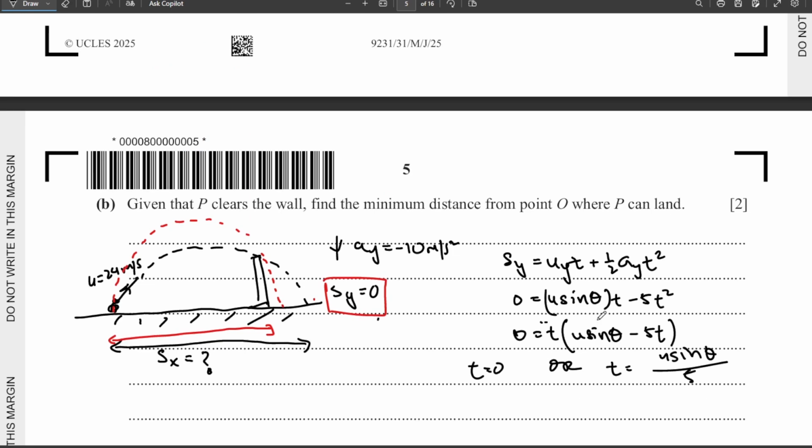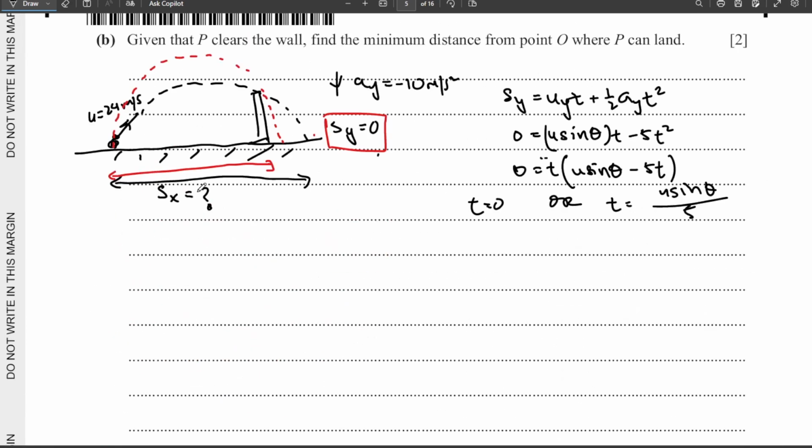Using this, we're going to use the other piece of information in the x direction. Just now it was the y direction. Now in the x direction, we have the same equation: x is uxt plus half axt squared. But again, in the x direction, we assume there's no air resistance, so this goes to 0. We're left with just this expression.